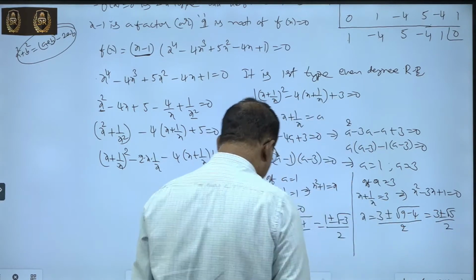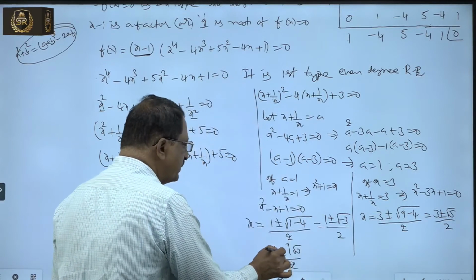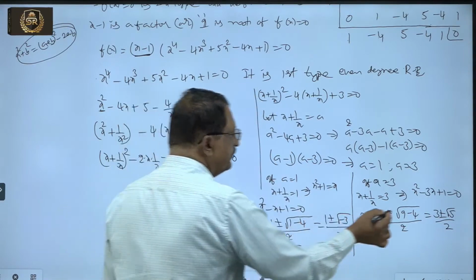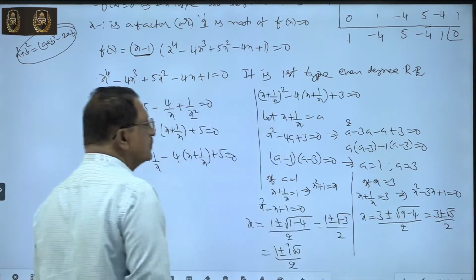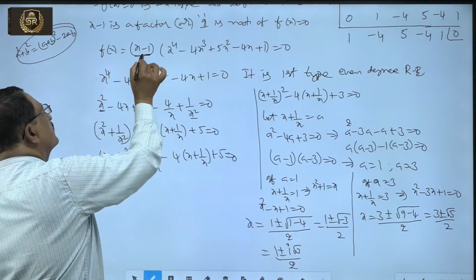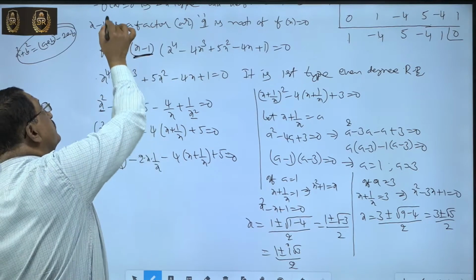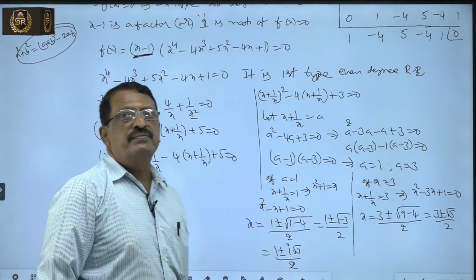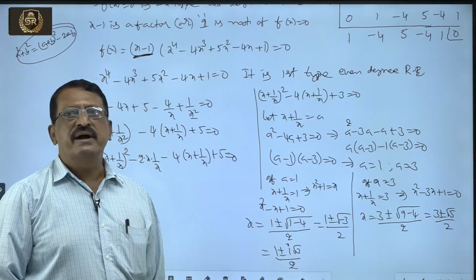Therefore, the roots of the equation are 1 plus or minus i root 3 by 2, 3 plus or minus root 5 by 2, and 1, because here x minus 1 equals 0. Because the given equation is a fifth degree equation, it has 5 roots.